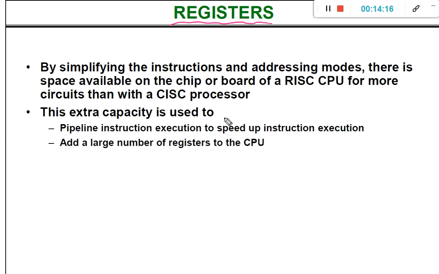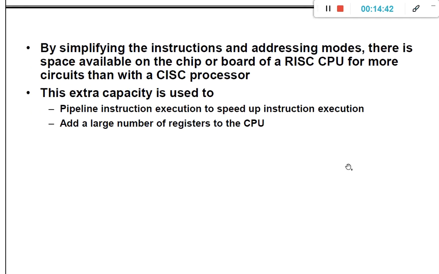This extra capacity is used to pipeline instruction execution, to speed it up, and to add a large number of registers to the CPU. So there will be a large number of registers in RISC computers, and we can also perform pipelined instruction execution.